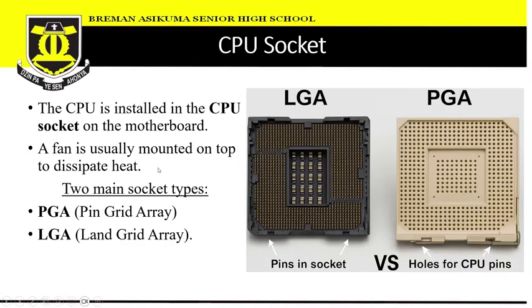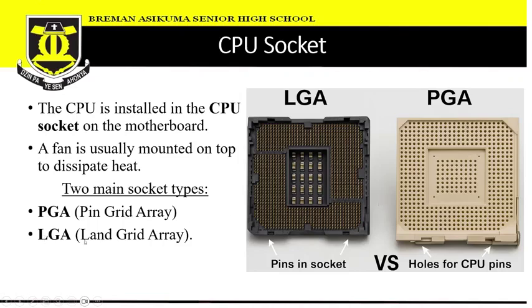Okay, and we have two types of CPU sockets. One is the PGA, which is pin grid array, which is this one. This one, the CPU has some pins that fit into the holes that we have here. So that is why we call it pin grid array.